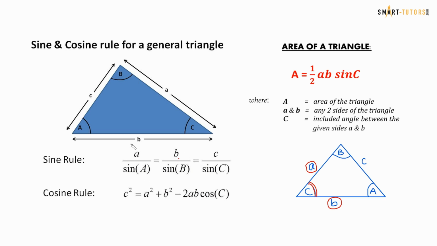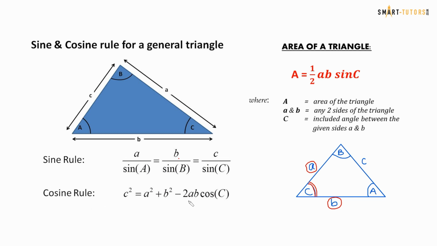At a time, you have to use two of these pairs. So a over sine A equals b over sine B, and you cross multiply and you can find the missing side or missing angle. When I'm doing the question, I will tell you the trick I normally use to find out whether the sine rule or cosine rule is suitable for the question.